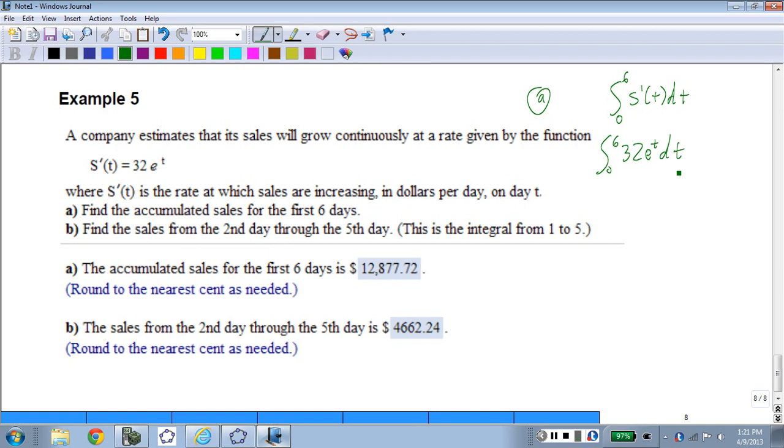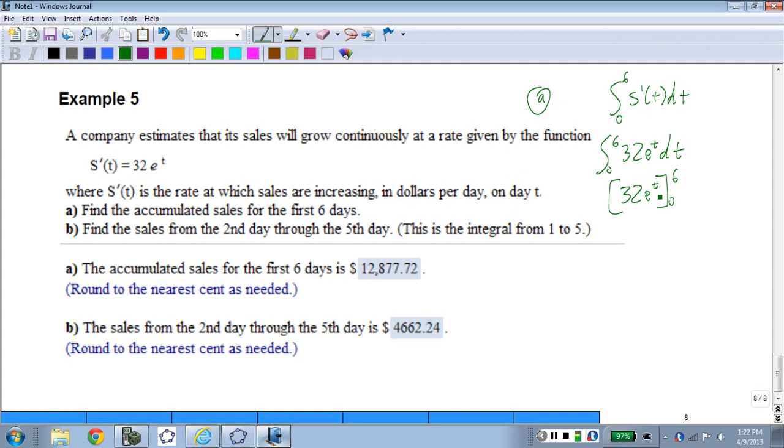Wow. Basically, e to the t is a high growth rate, growing rapidly. We can find an antiderivative for 32 e to the t pretty easily, simply by copying and pasting. 32 e to the t is one of its own antiderivatives.